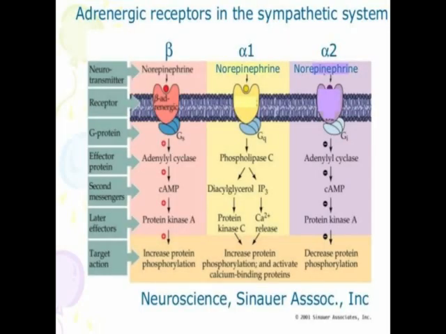Now through which mechanism do these alpha and beta receptors act? So when adrenaline binds to the beta receptor, it activates adenyl cyclase, which is responsible for the conversion of ATP into cyclic AMP, and this cyclic AMP activates protein kinase.